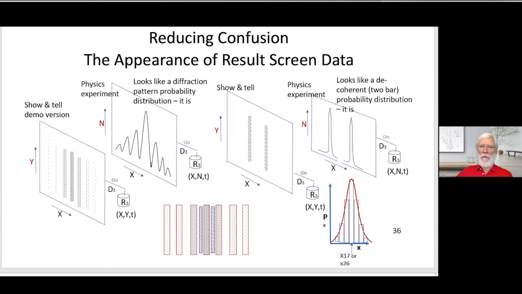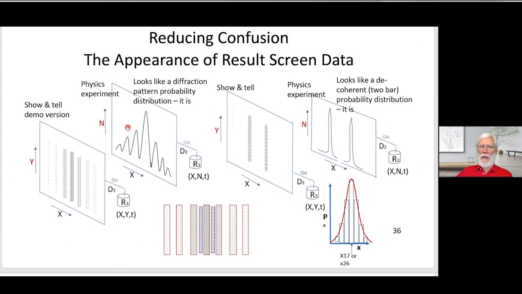All right, now here, this last slide was just to ease your confusion. When you're doing show and tell, you provide that distribution this way. There's a bunch of little dots going up and down in the shape of a slit because that's easier for people to understand, with nothing actually between them. It's just empty space between each bar.